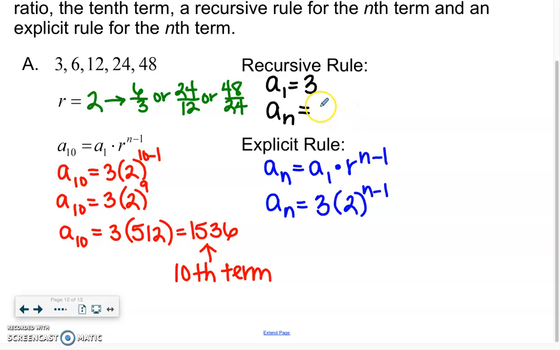So I'm going to say, take the previous term, which we call a sub n minus 1, and multiply it by, what was it, 2? So that's telling you take 2 times the previous term. And then remember, you make that little statement saying that this is only for terms beyond the first one. So starting at n equals 2 and up.